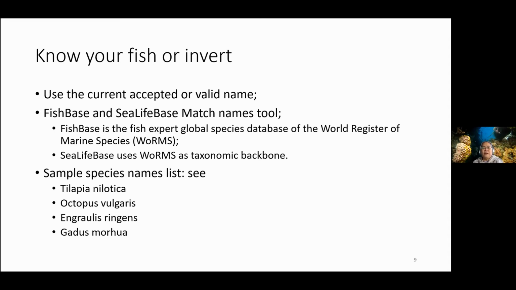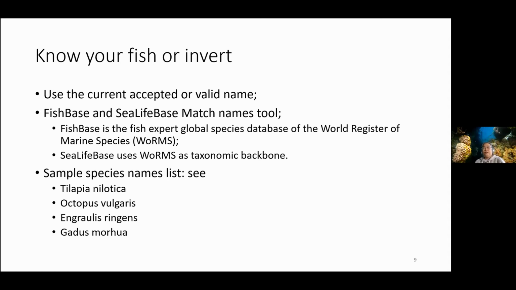One fish might be called many scientific names, from the time it was discovered and the first time it was described up to now. And so the taxonomists themselves have an agreement to say, okay, we need to have a valid name or an accepted name.